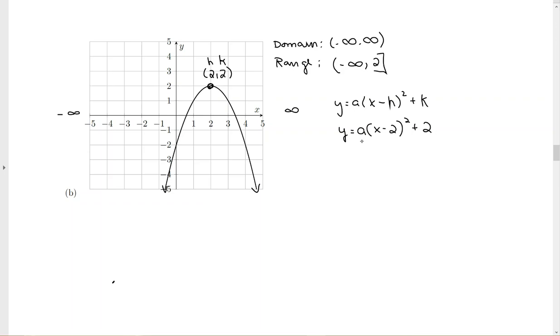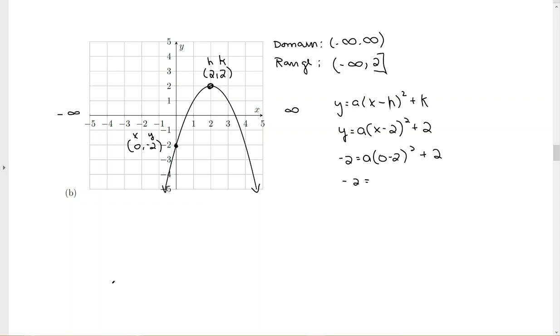Now I need to find a, and to do that I need to plug in another point, x, y. So again, pick one that you can easily pick out. Don't start estimating. It's a little risky to do that. So this looks like the point 0, negative 2. So that's going to be my x and my y that I plug in. Negative 2 equals a times 0 minus 2 squared plus 2.